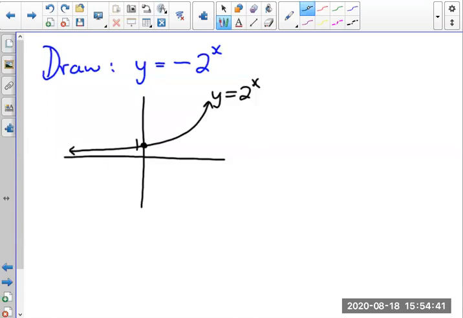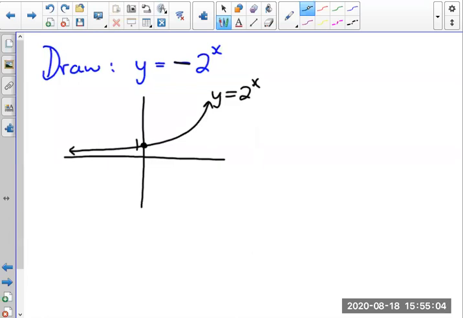Now, what does it mean when they say minus 2 to the x? Now, I want you to look at your screen and hold your arm, so that your arm looks like an x-axis, and wiggle your thumb. Okay.